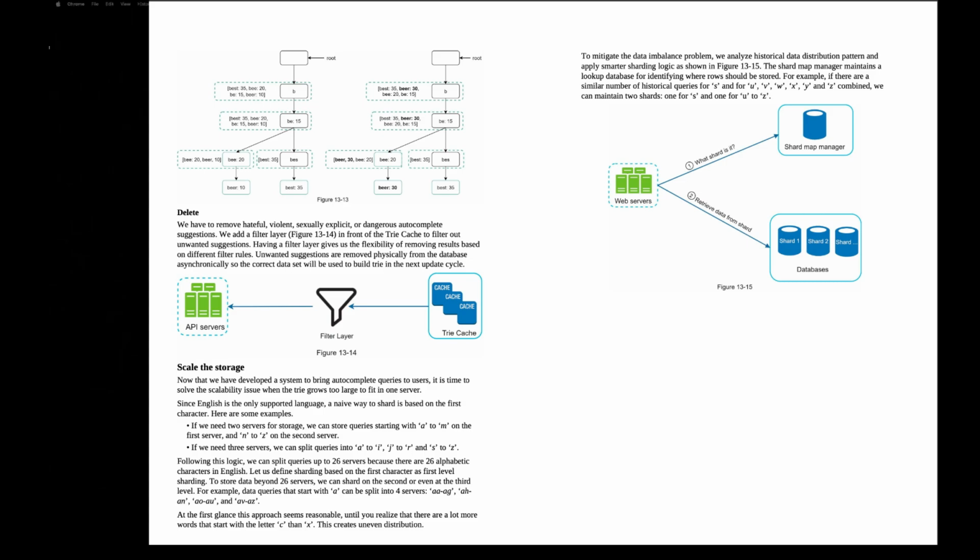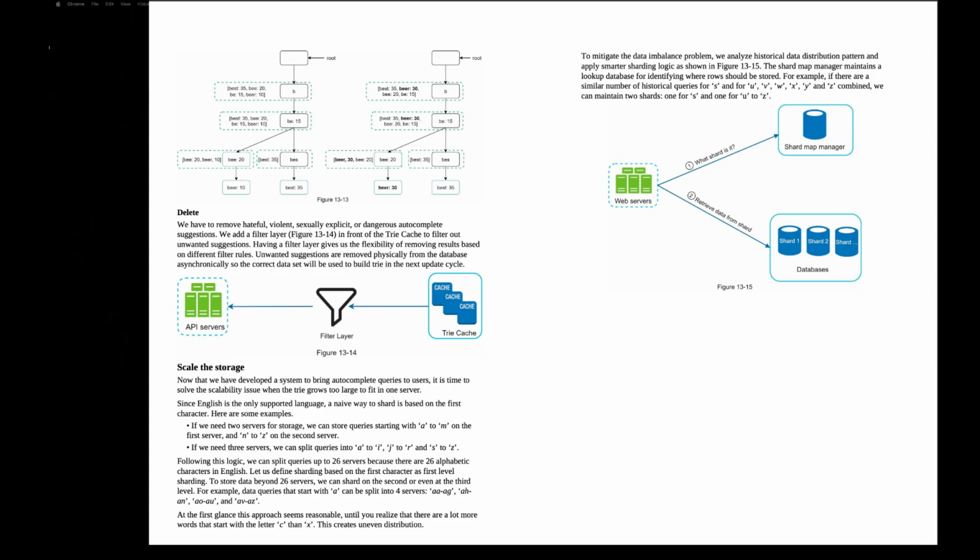At first glance, this approach seems reasonable, but this creates uneven distribution. We analyze the historical data distribution pattern and apply smarter sharding logic. For example, if there are similar historical queries, we can maintain two shards, S and U to Z. Frankly speaking, I don't understand what they are trying to tell.